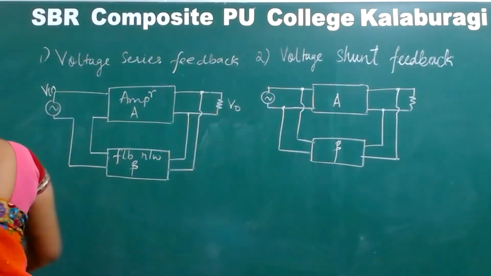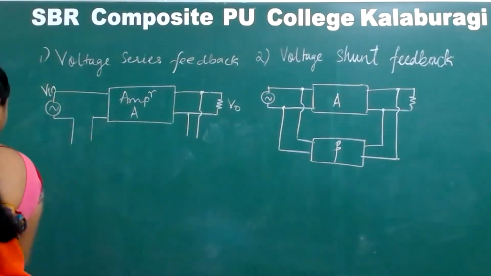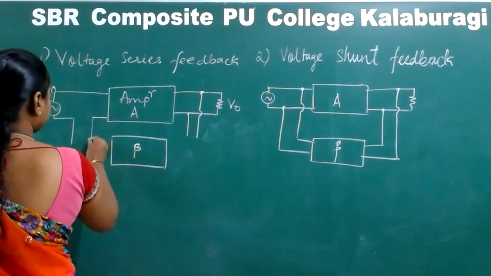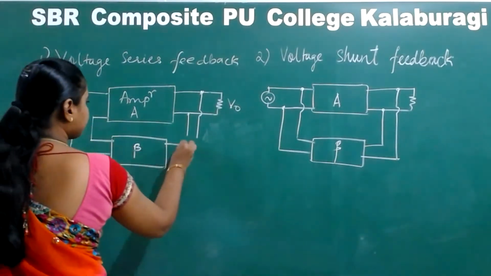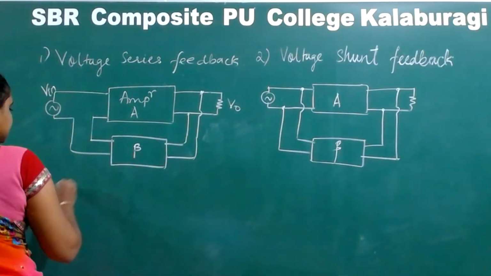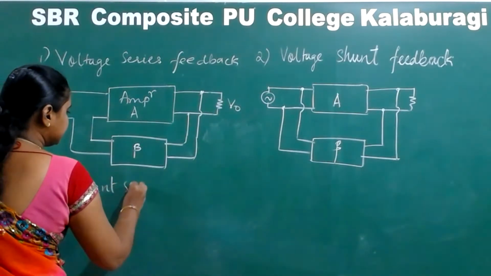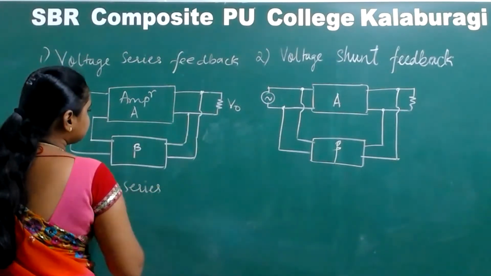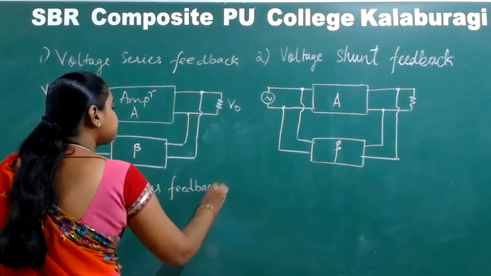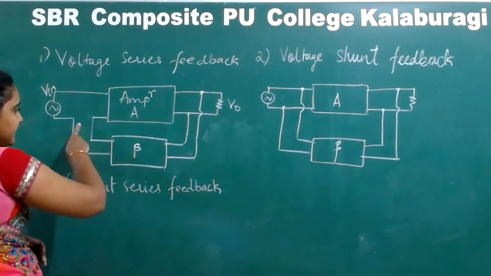Now we'll move with the next type. The next type is the current series. Current series feedback, where both the input side connection and output side connection both will be like this.